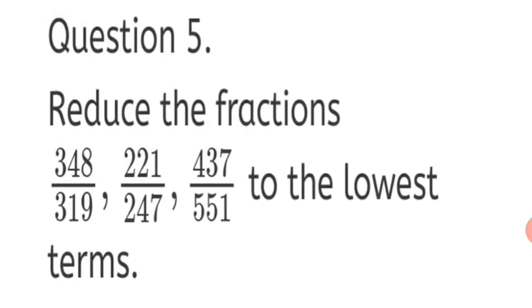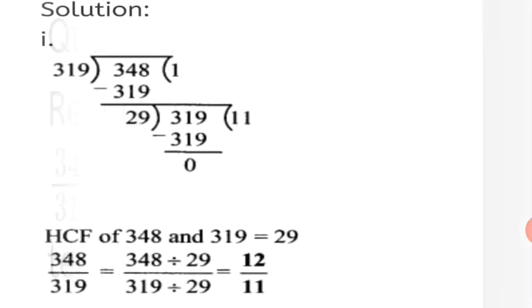Question 5. Reduce the fractions to the lowest terms. There are 3 sums. Let's do the first one. You have learned this in the previous practice set too. So divide the greater number by the smaller number. That is, 348 is divided by 319. 319 ones are 319.